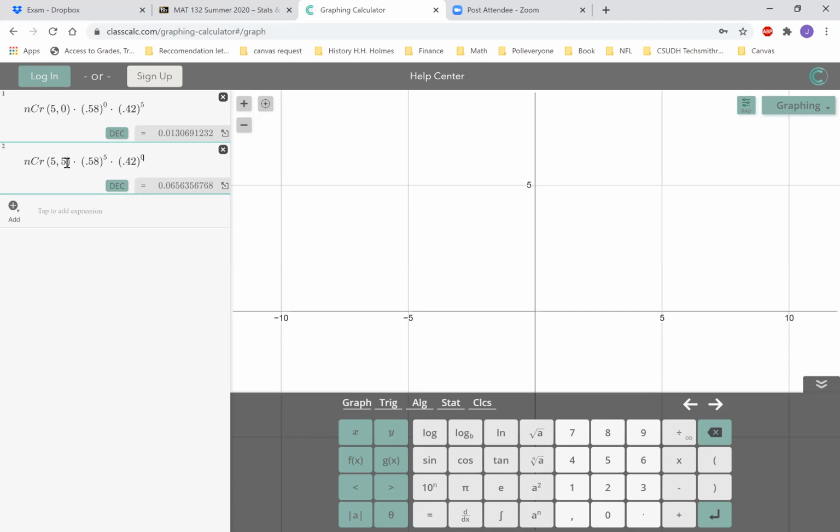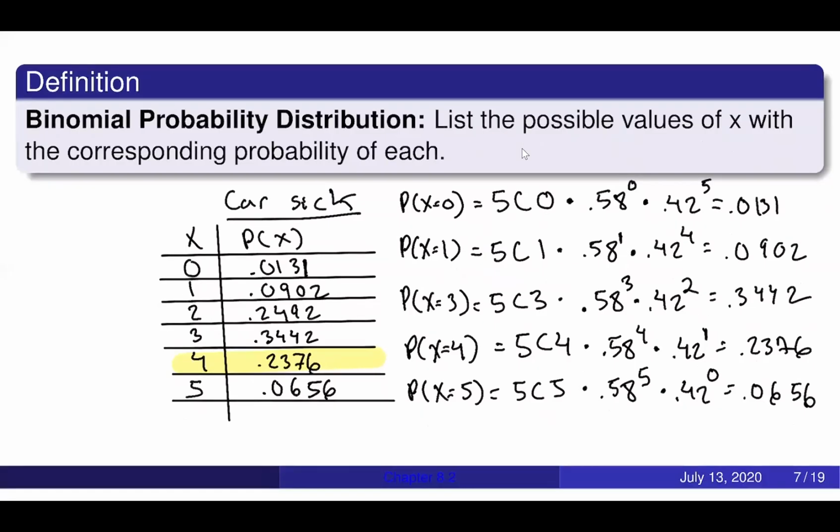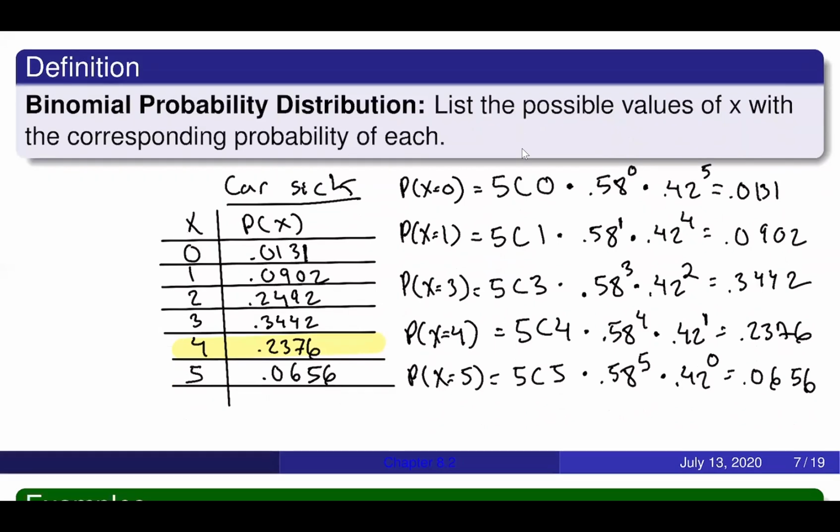So you get 0.0656. All right, and that's your final answer.